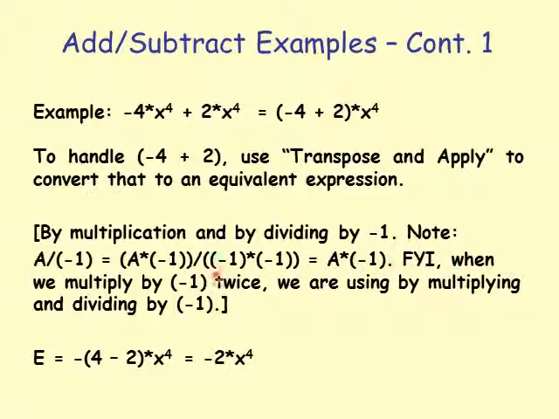For your information, when we multiply by minus 1 twice, we are using the sutra by multiplying and dividing by minus 1. Let's see what I mean. Multiply by minus 1 here and divide inside. That means minus 4 minus 2. Now we are subtracting a smaller number from a larger number, so it's minus 4 minus 2, which is 2, times x to the fourth power.